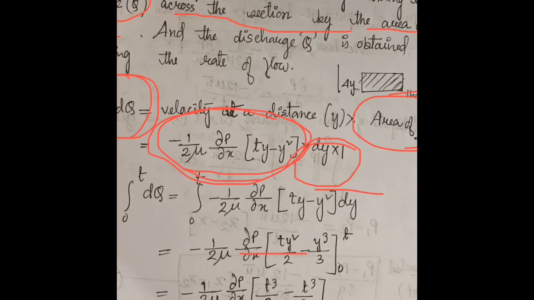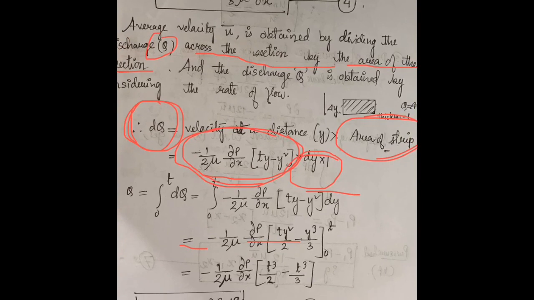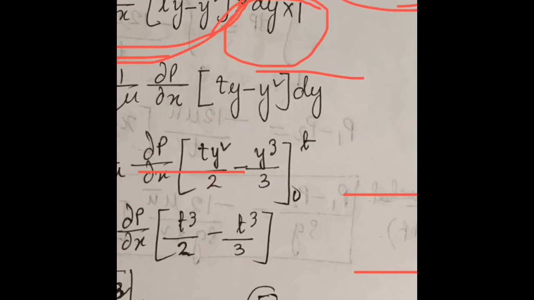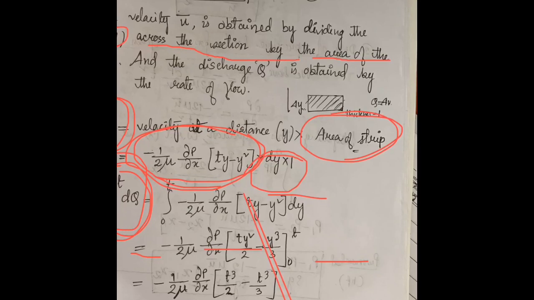After finding q, you have to find out the average velocity. Average velocity u bar equals q divided by area.